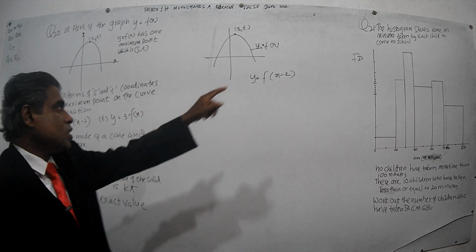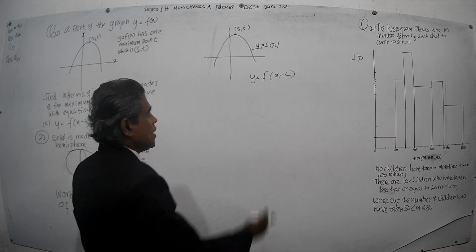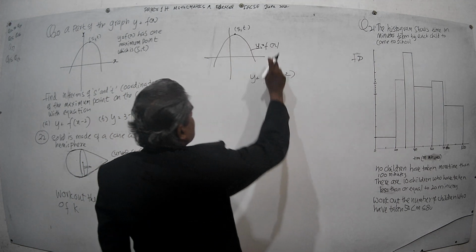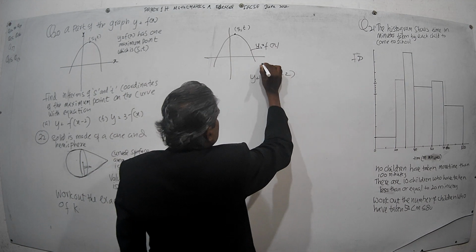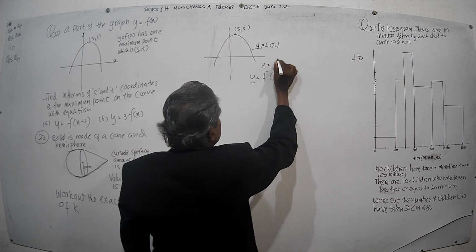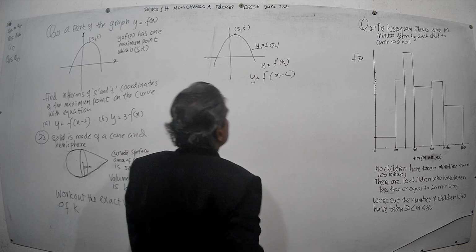This is a transformation of the graph. This is a horizontal translation of this graph. What happens is, the equation of this graph is y equals f(x), and instead of x they have put x minus 2.